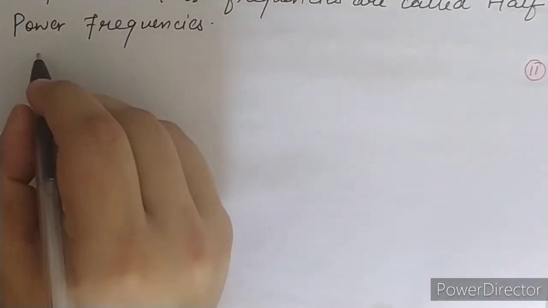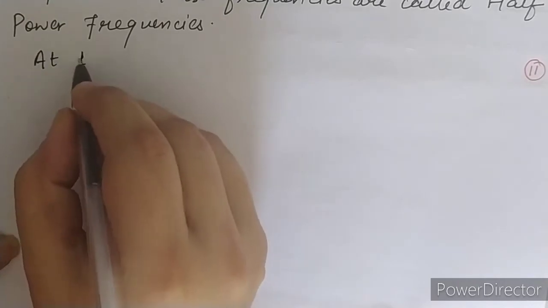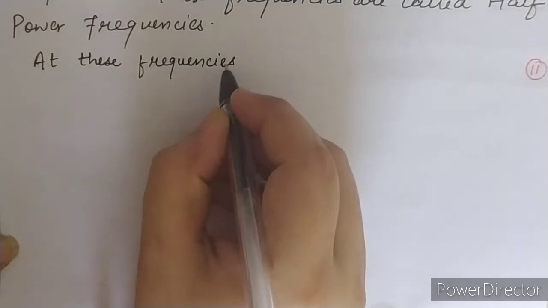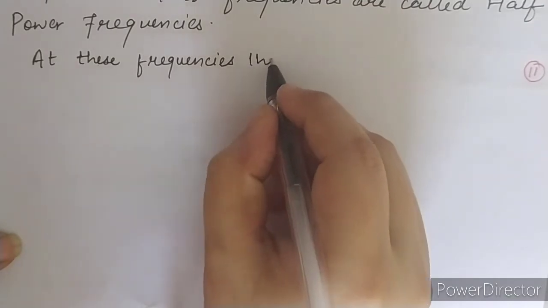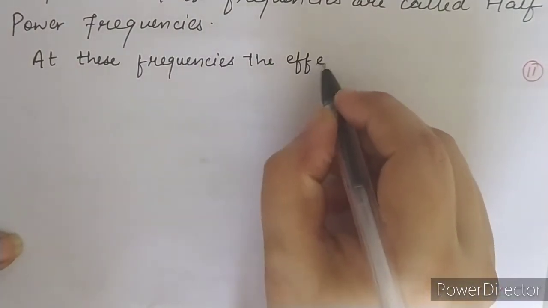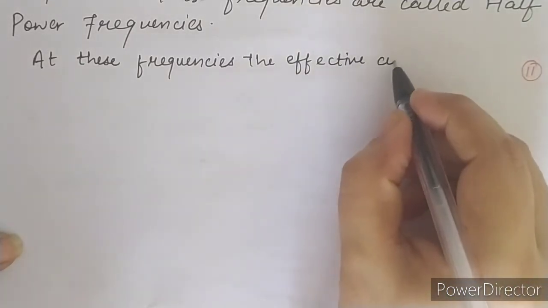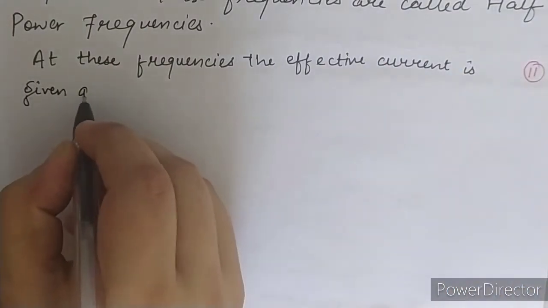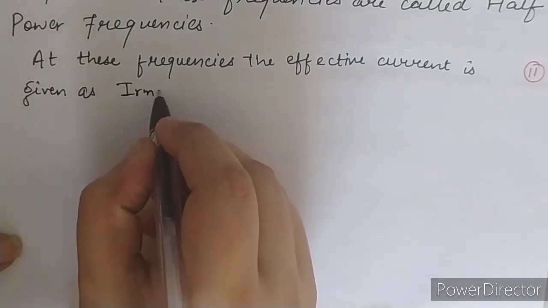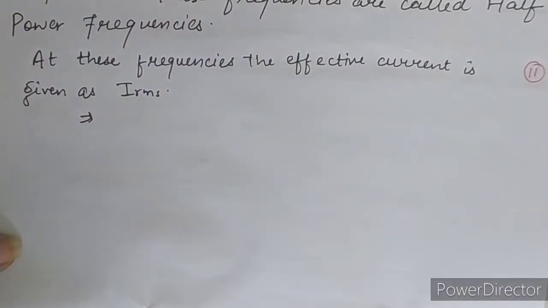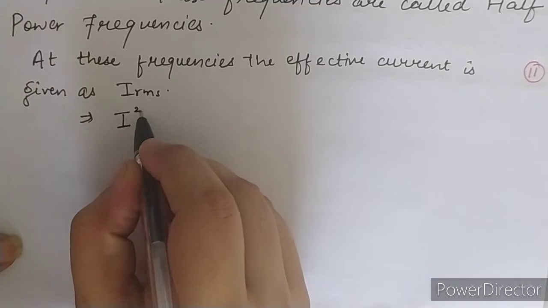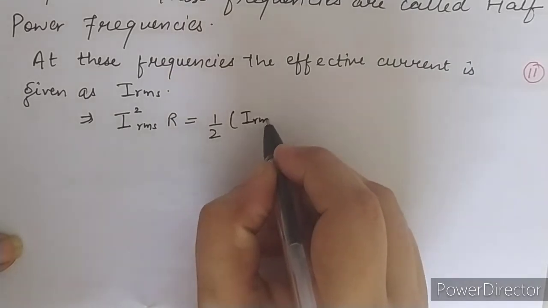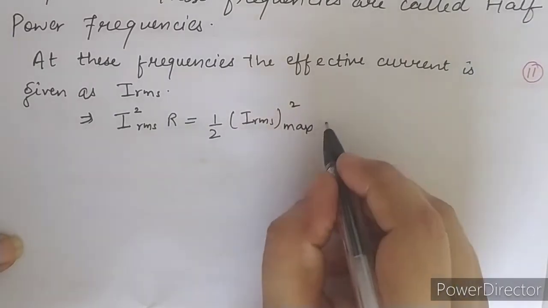At these frequencies the effective current is given as IRMS, and for that the power will be I square R. So I square RMS into R is equal to half of I RMS maximum square into R.